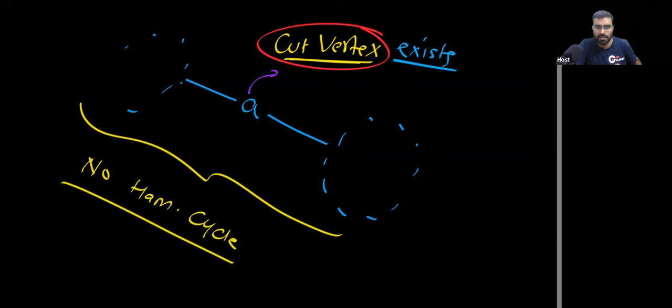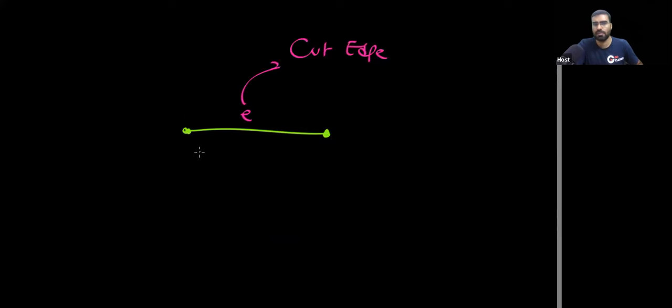Is that clear? What about a cut edge? A cut edge means a bridge. Let's assume this is a cut edge. When you have a cut edge, is it possible to have a Hamiltonian cycle?